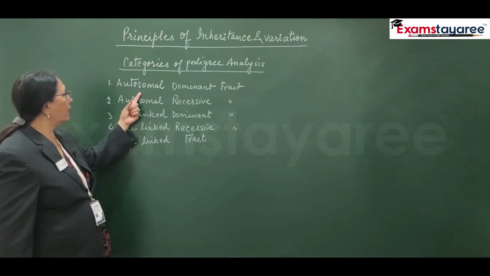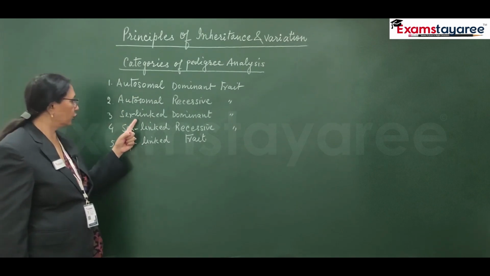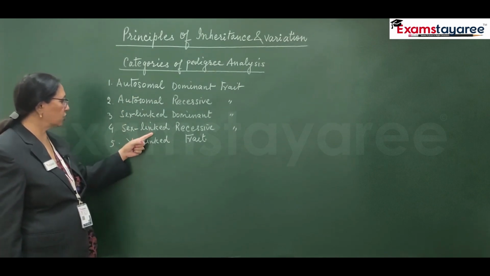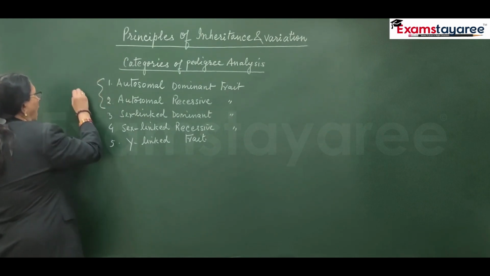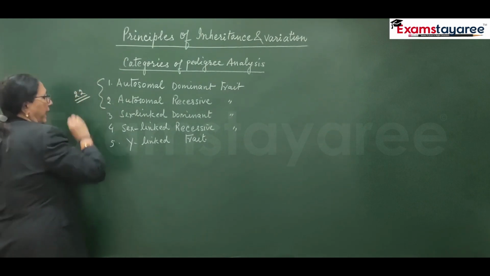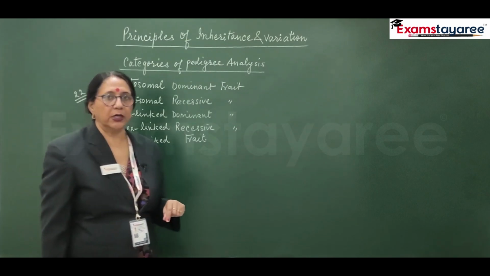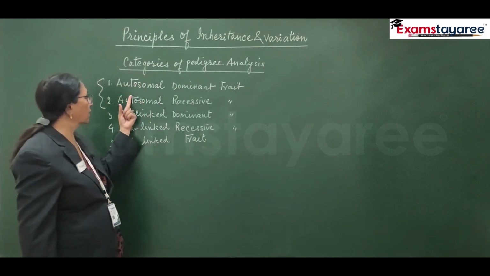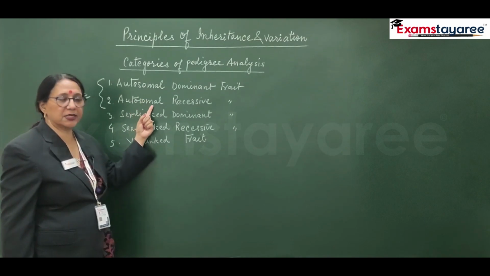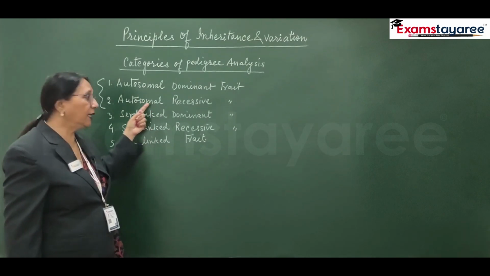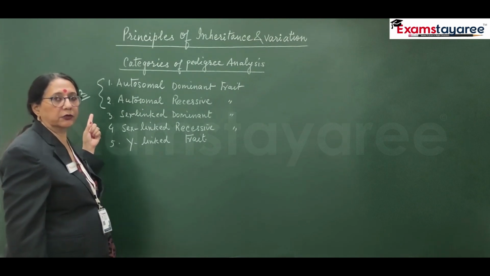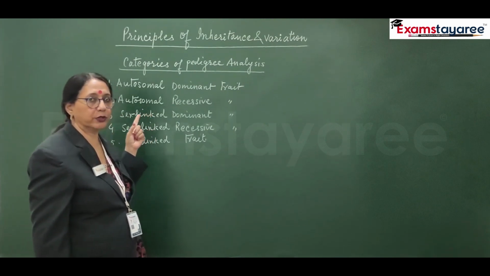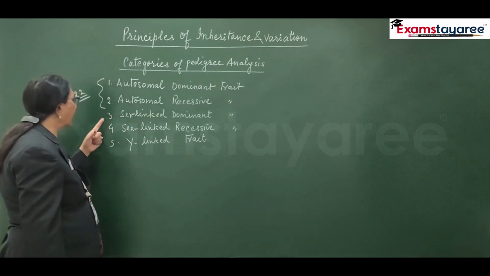Now, autosomal and sex-linked. Autosomal means out of 22 pairs of chromosomes, these genes showing these diseases may be on any one of the chromosomes which are known as autosomes.